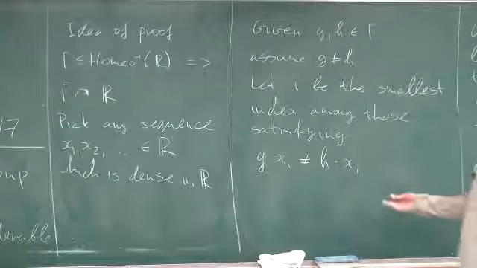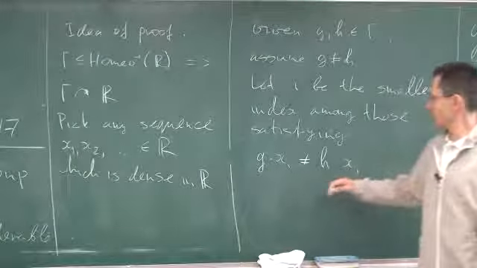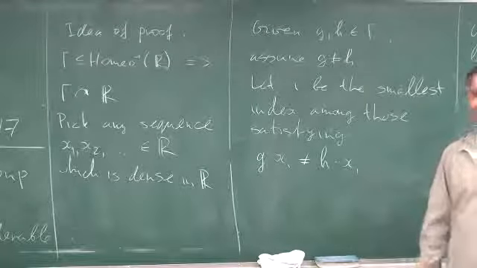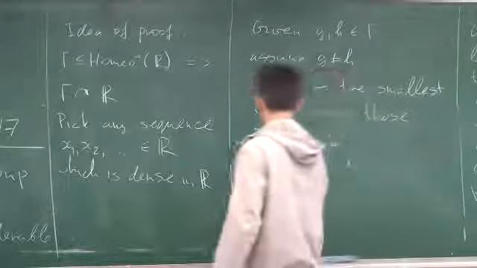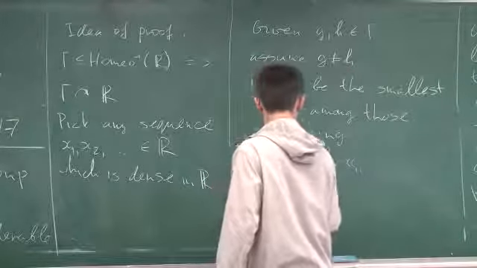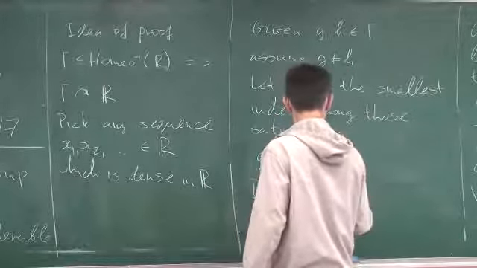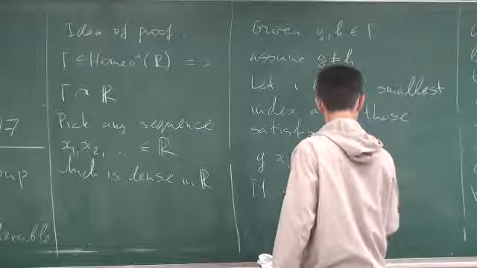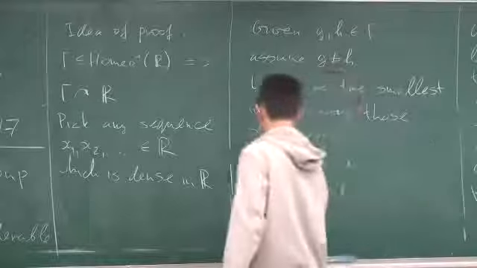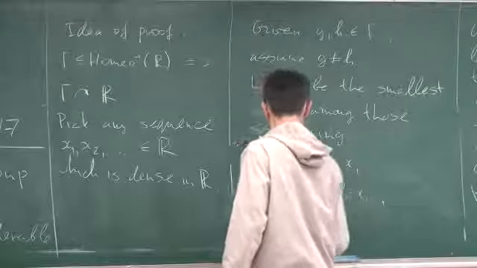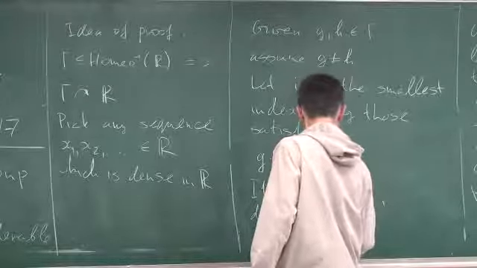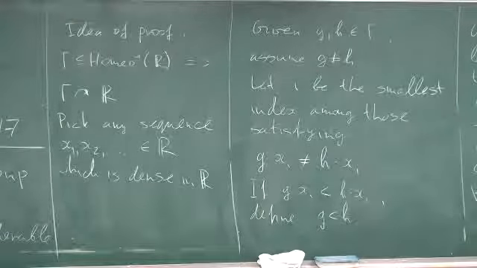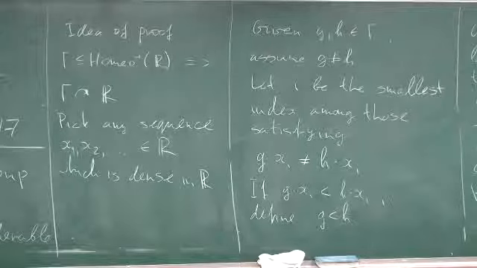So since they are not equal, but this is a point in the real line, one of them must be smaller and the other must be bigger. So if G xi is smaller than H xi, then define G to be less than H. If it's the inequality in the opposite direction, then you define it in the opposite direction, right?